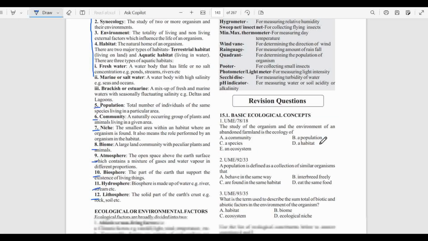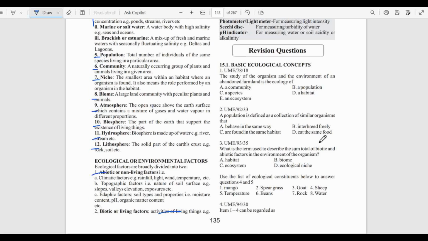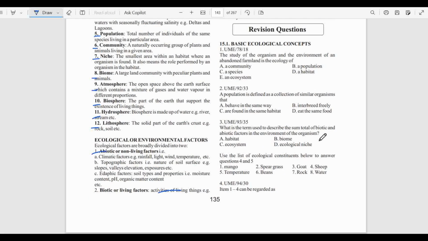We go ahead to look at some set of 30 questions. Now we begin with the very first question, which is UME 1978, question 18. Now this question says, the study of organisms and the environment of an abandoned farmland is the ecology of A, community, B, population, C, species, D, habitat, and you have E, ecosystem.